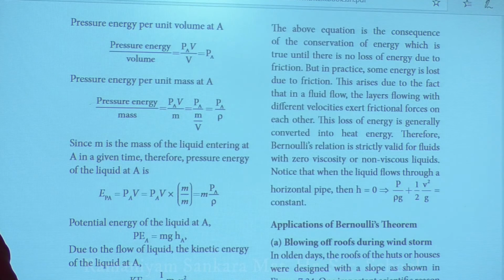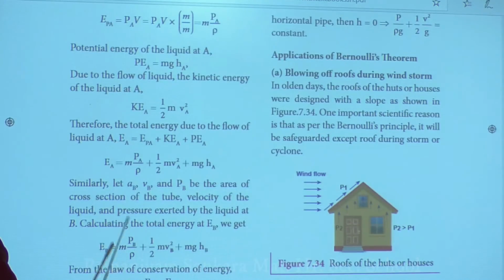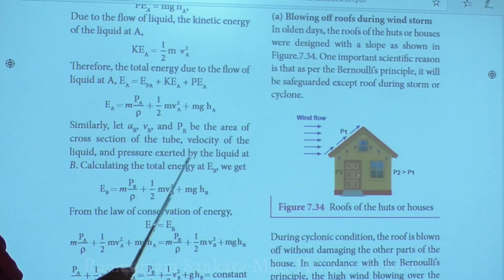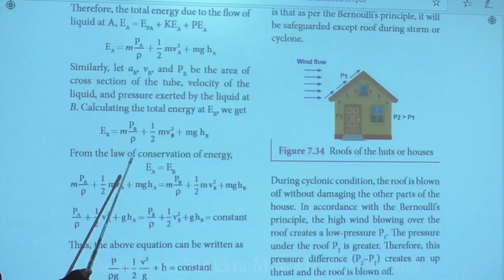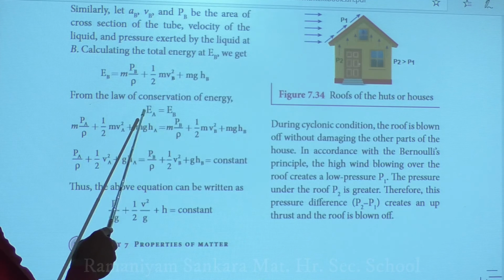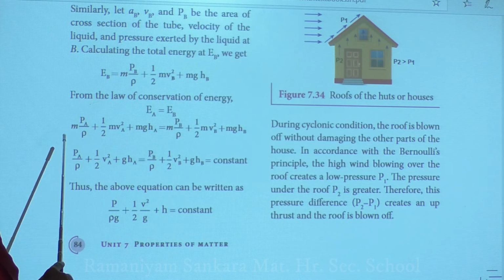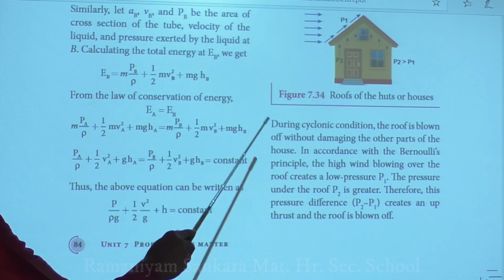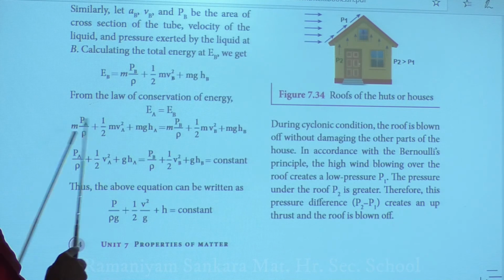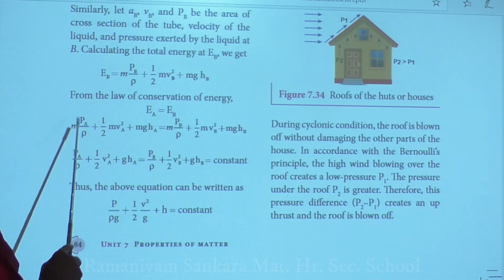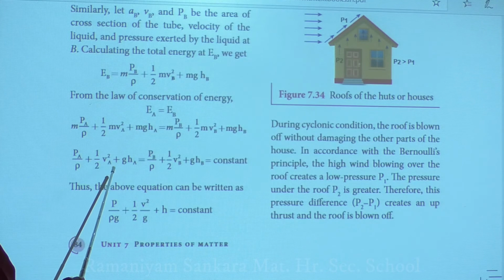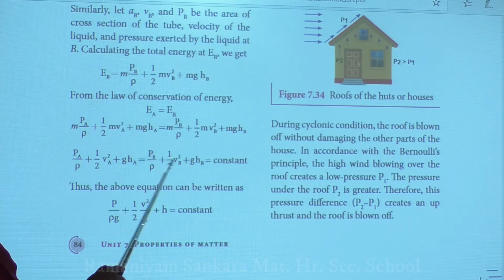Now let A_B and V_B be the area of cross section of the tube and the velocity at the lower point. So E_B equals M P_B by rho plus half M V_B square plus mgH_B. Then these two are equal: what enters should equal what goes out. So all M cancel, dividing by M: P_A by rho plus half V_A square plus gH_A, similarly for B, is constant.